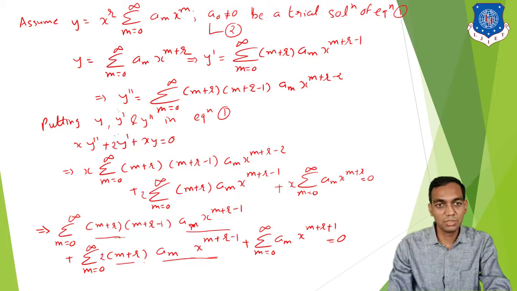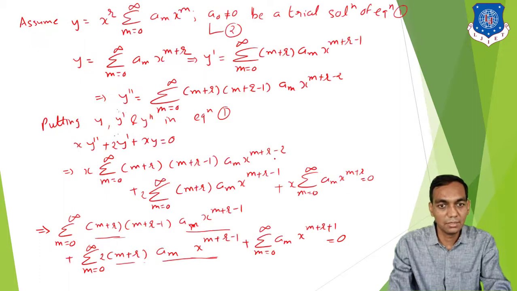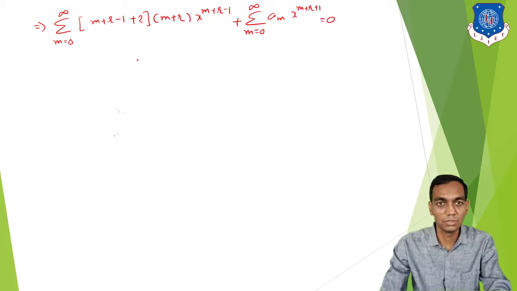Now we are going to simplify this term. Then you will have sigma m running from 0 to infinity m plus r minus 1 plus 2 into m plus r a m x raised to m plus r minus 1, correct? And the second term is plus sigma m running from 0 to infinity a m x raised to m plus r plus 1 is equal to 0.